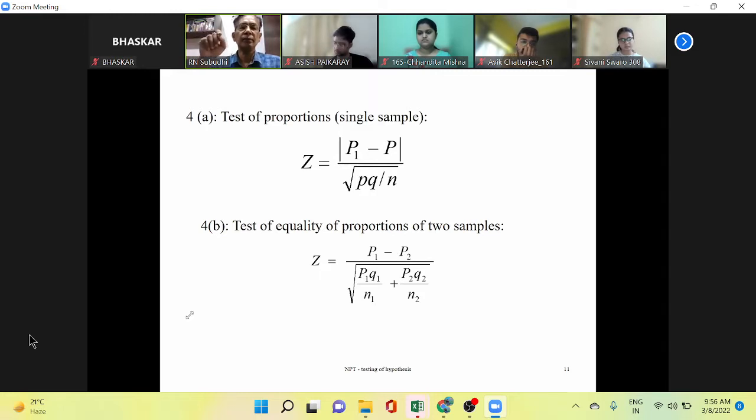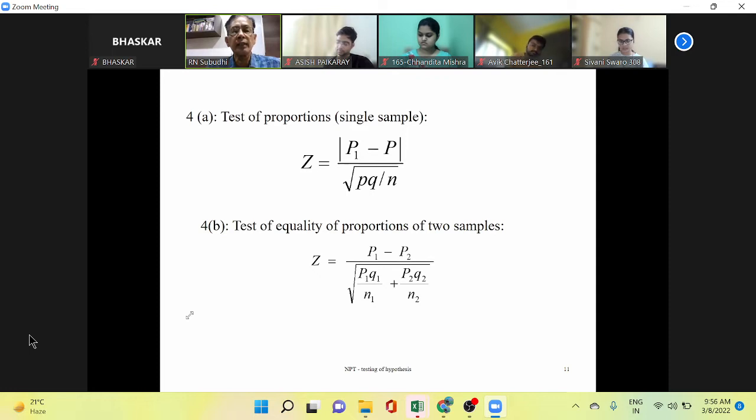So 20%, 40%, if you are expressing these values as fraction, proportion, you'll be using formula like this, which is called test of proportion. This formula, all of you write it down. This will be used in NPT.